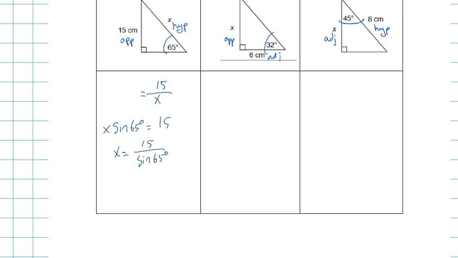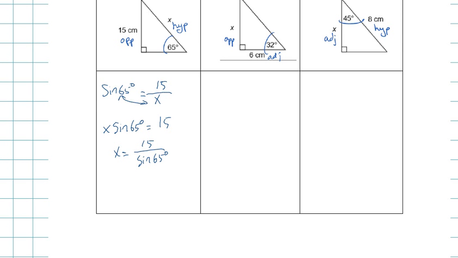You see that this is sine 65 equals 15 over x, and this is x equals 15 over sine 65. So basically this and this, they switch spots. The proper algebraic method is what we just did. But if you want to do it fast, this is what you do. Just switch spots.